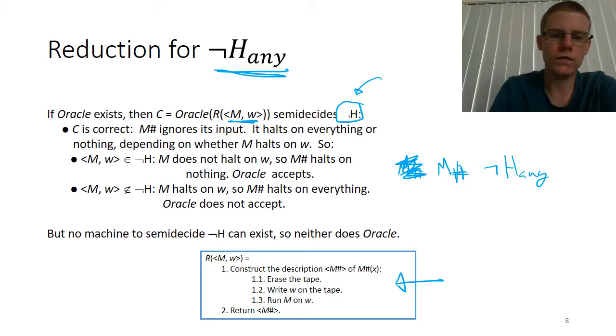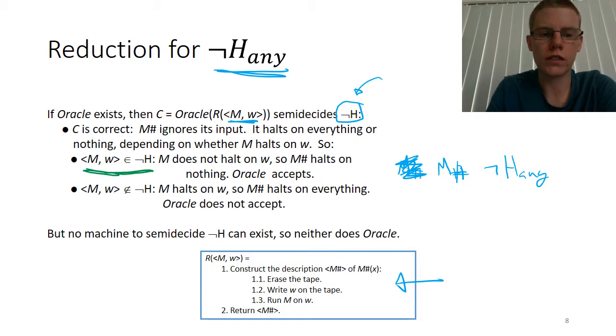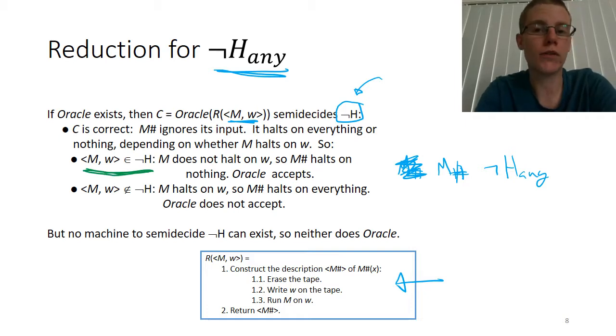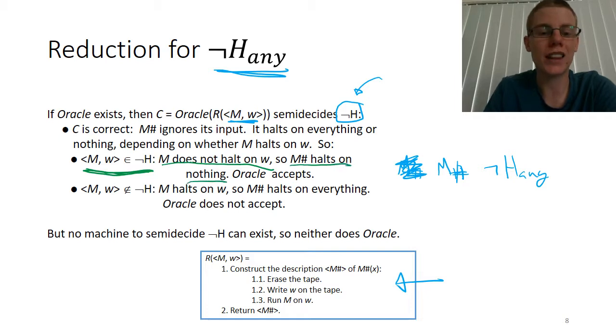So let's go back and revisit that again. If our original string was a member of the complement of the halting problem, then that means that M does not halt on W. So that means that M hash halts on nothing, because every instance M hash gets given, it just runs M on W. So that means that it is an instance of this problem here, so our oracle will accept that new M hash.